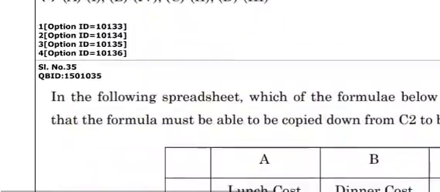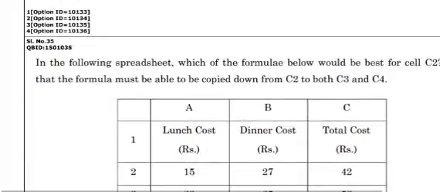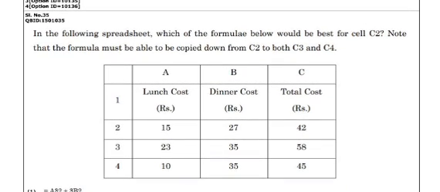Next is related to a mathematical sum, 35. It says in the following spreadsheet, which of the formula or formulae below would be best for cell C2. Note that the formula must be able to be copied down from C2 to both C3 and C4.